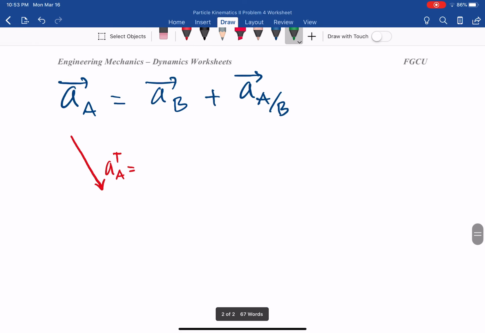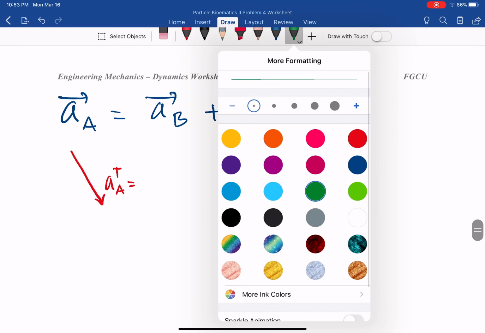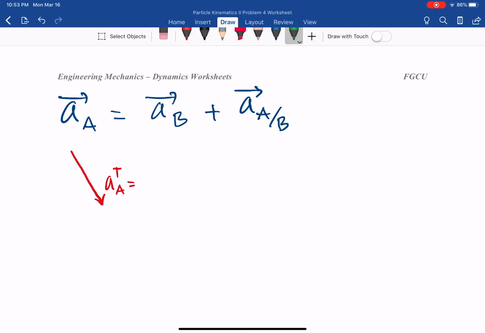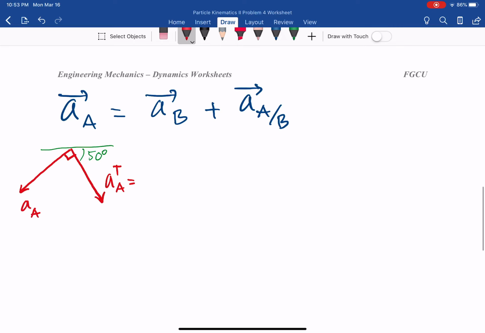So as you can see there, there will be an angle here of 50 degrees. Now the normal component always goes to the center and has to be perpendicular to the tangential component, and that we have as A_A normal component.